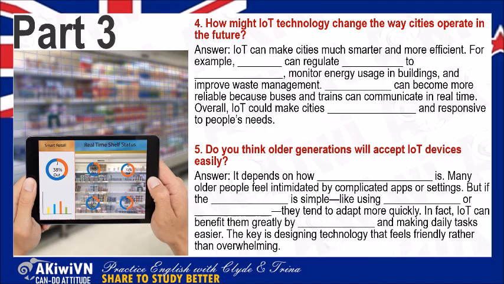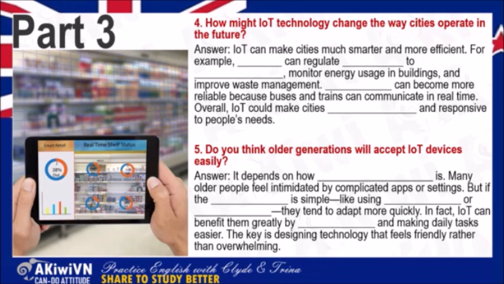Part 3. Question 4. How might IoT technology change the way cities operate in the future? Answer. IoT can make cities much smarter and more efficient.